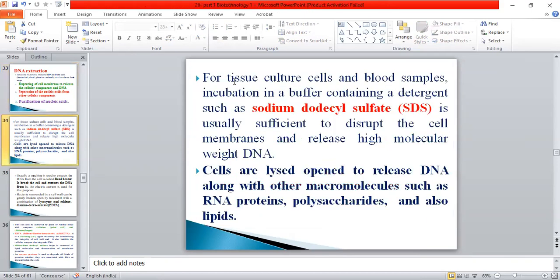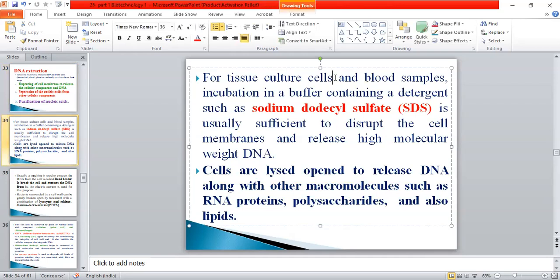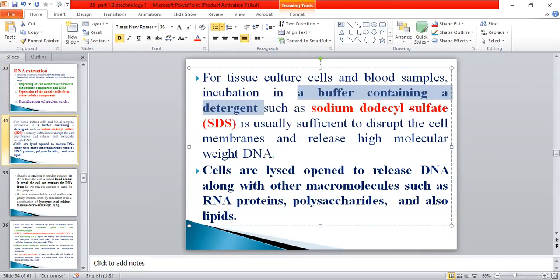After that, for tissue culture or blood sample incubation, a buffer containing detergent is used. This is a very, very important idea. The buffer solution used for the tissue culture method or blood culture is sodium dodecyl sulfate, SDS, which is nothing but a detergent.